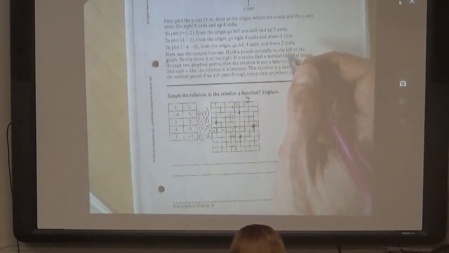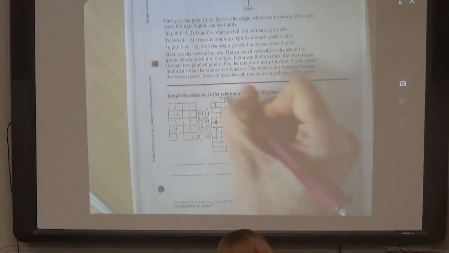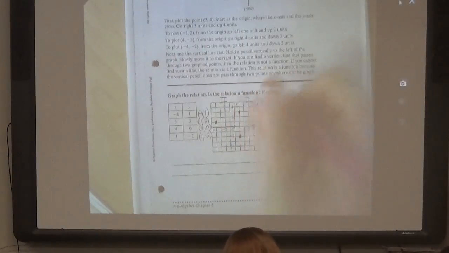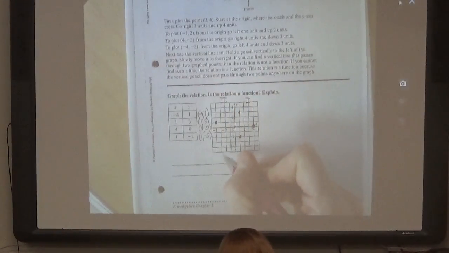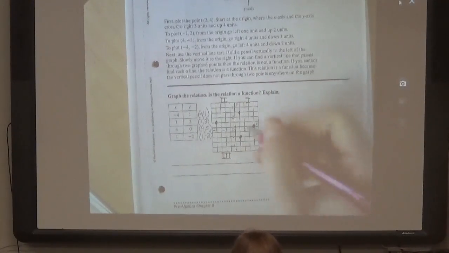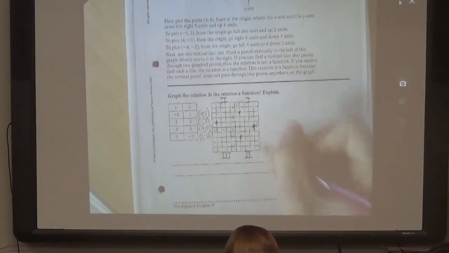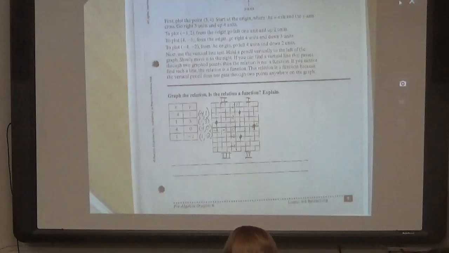Where's quadrant 2? Yeah. So mark that one as quadrant 2. Quadrant 3 is left and down. And quadrant 4 is right and down. Okay?